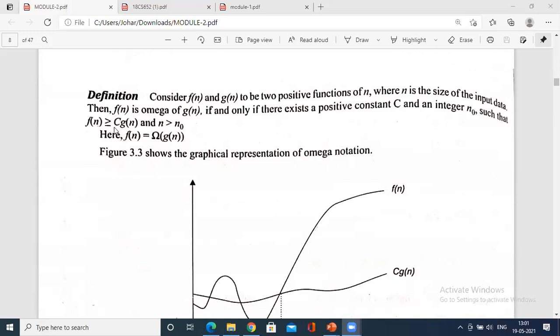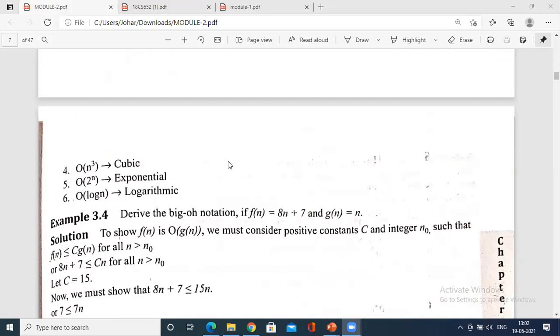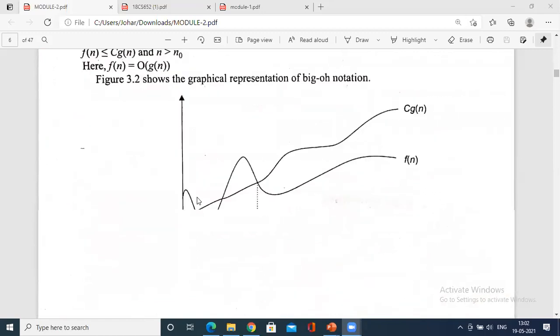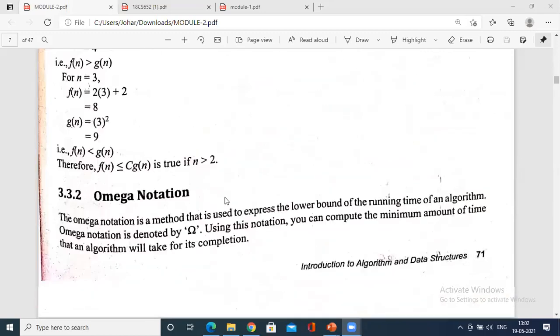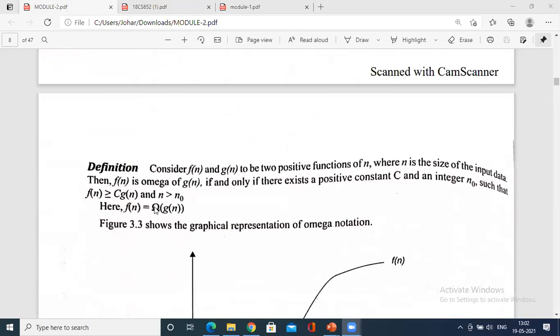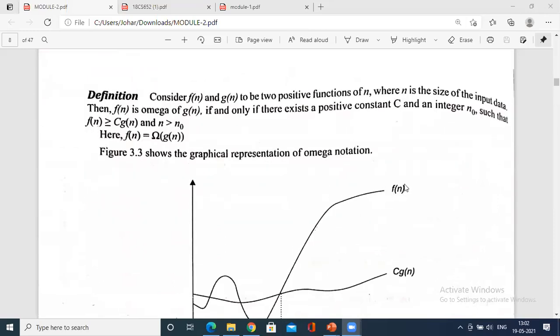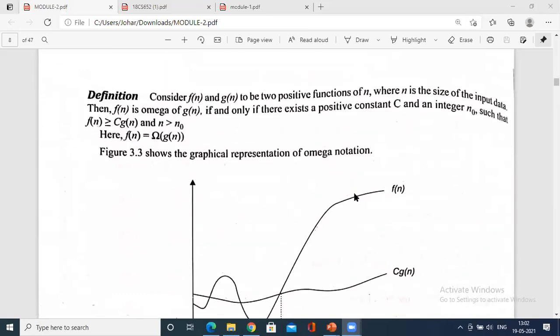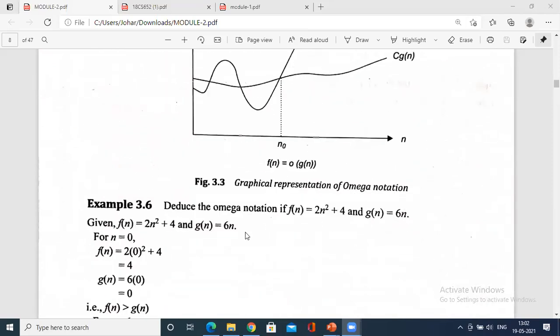In the first asymptotic notation it was reversed: f of n is less than or equal to c of g of n. Remember, there is no confusion. Upper bound, f of n is lesser; lower bound, that is omega, f of n is greater. Remember this graph and you will find it easy. If you reverse the answer, you will lose marks.